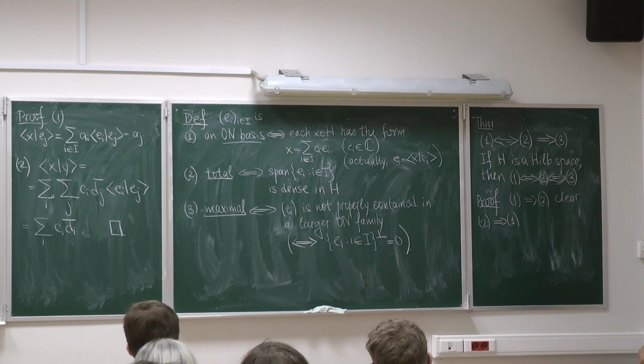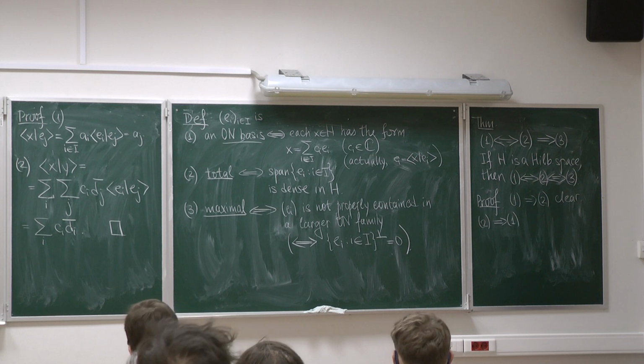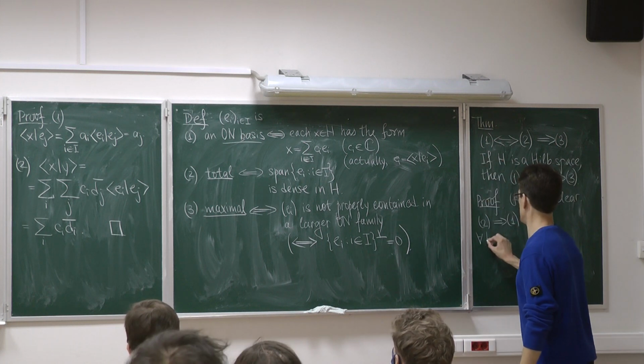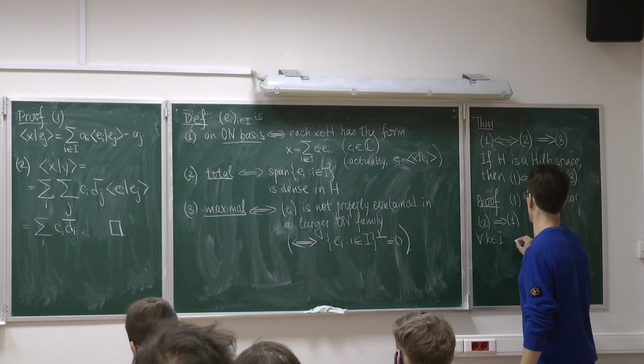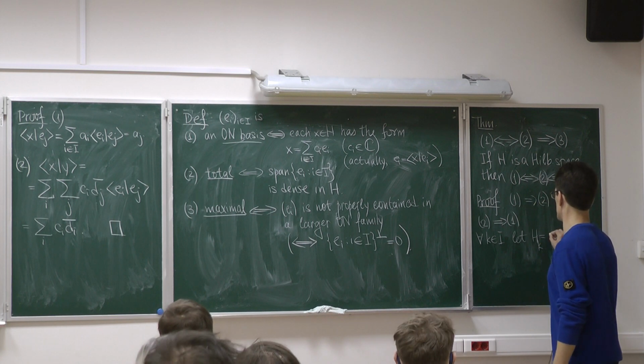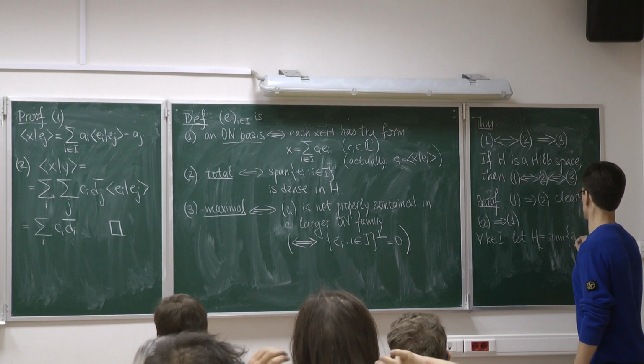So 1 implies 2. Let's now show that 2 implies 1. This is not so obvious, and this will use the fact that we work in the inner product space. For each k in I, let H_k denote the linear span of e_1 to e_k.